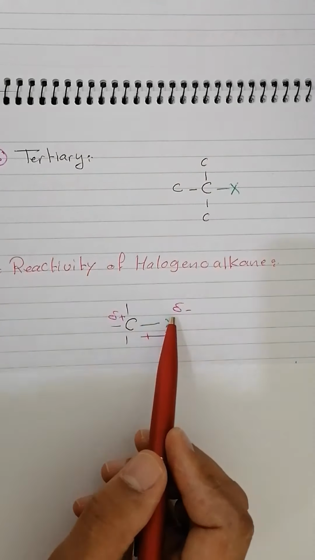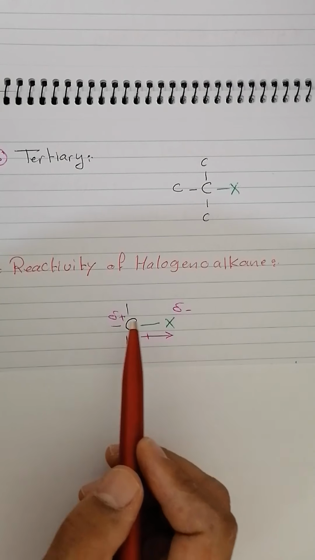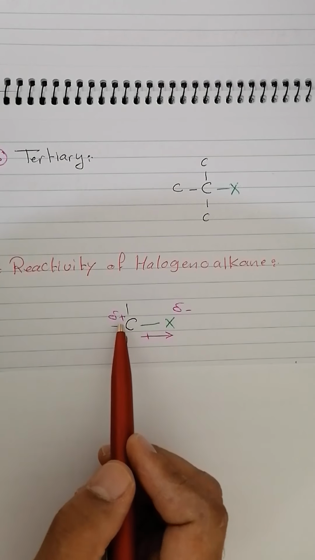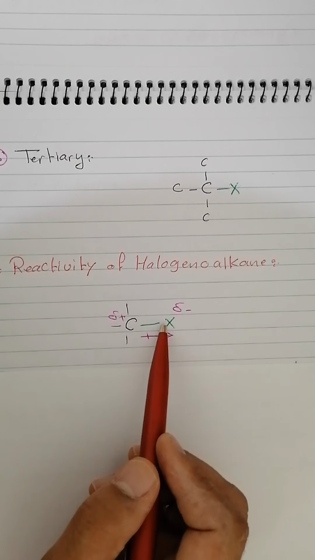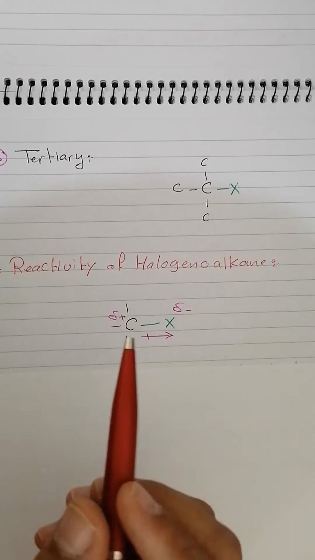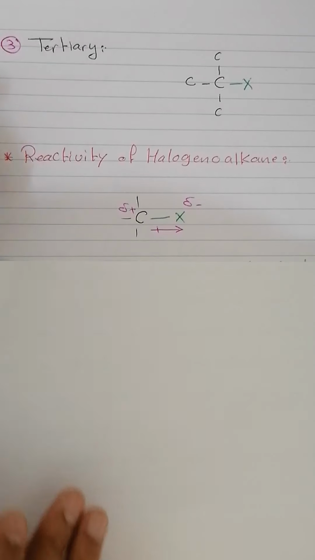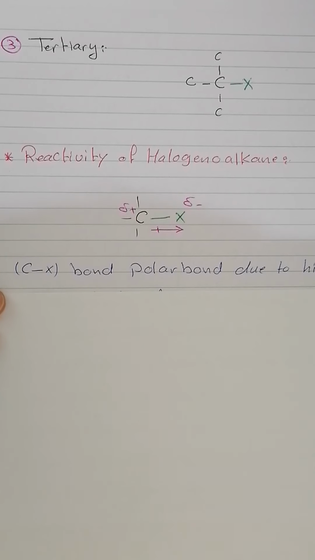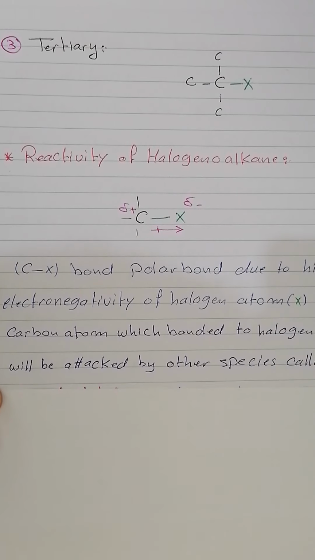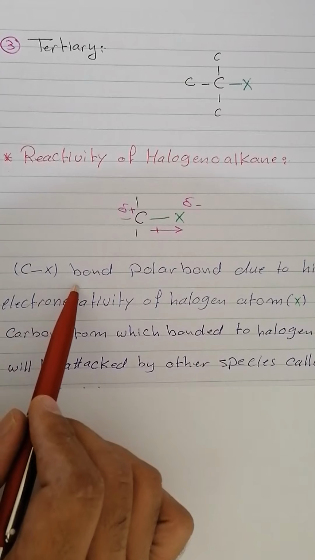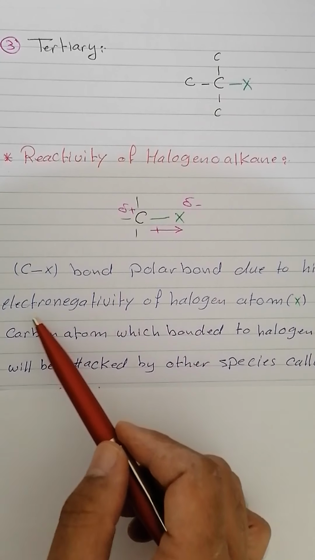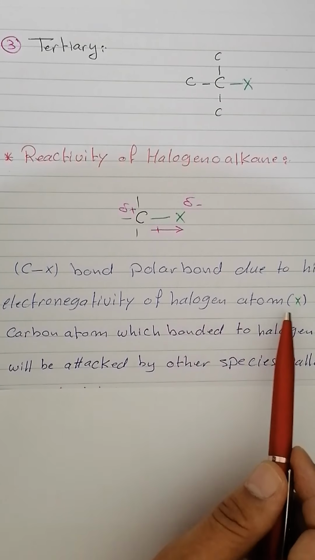The halogen carries a partially negative charge, and the carbon which is bonded to the halogen carries a partially positive charge. This redistribution of charges makes this carbon a target to be attacked by a special species called a nucleophile.